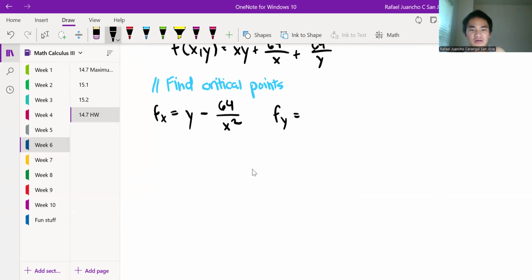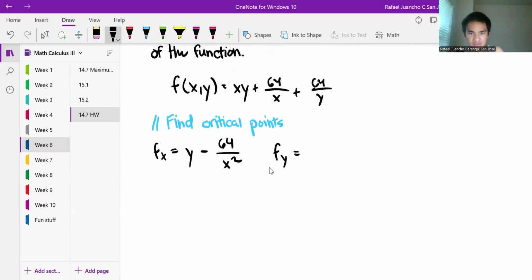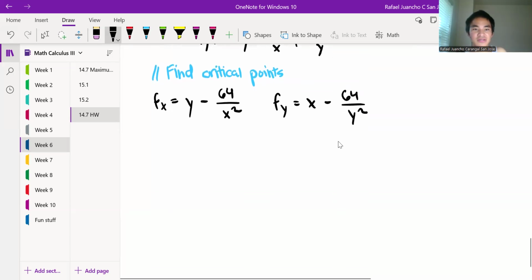Now I do f sub y. So here, I treat my y as a variable, x as a constant. So this is x. This one's 0. Now I have minus 64 over y squared. So this is just reversed. And then from there, I put 0, right?